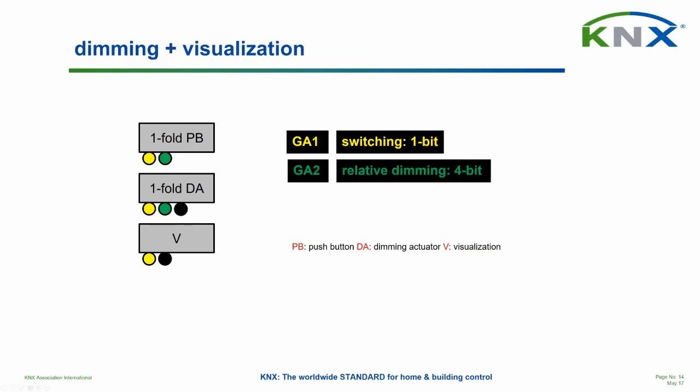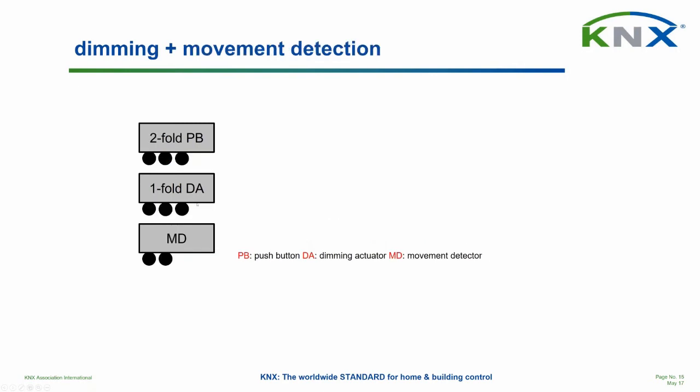Relative dimming divided over the push button and the dimming actuator. And then, as we have seen already before, the value percentage 8-bit code divided over the dimming actuator and the visualization system. And this is the last slide of my part.